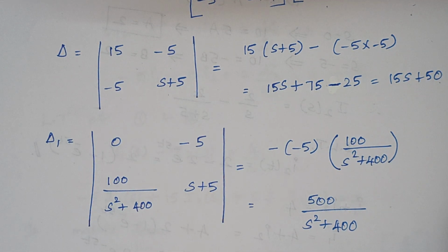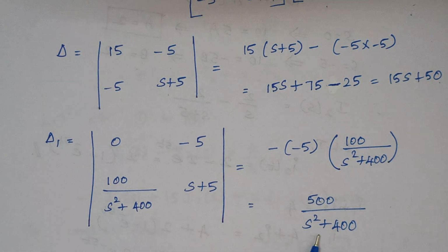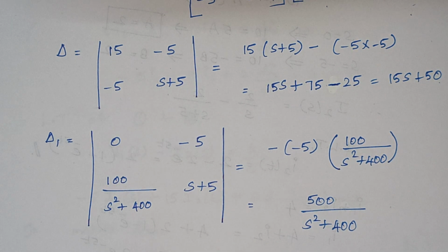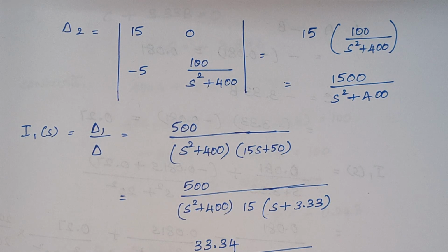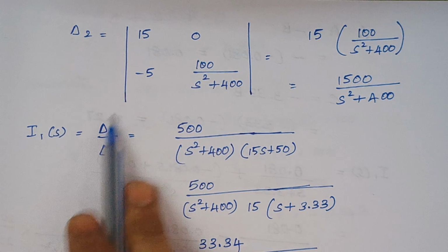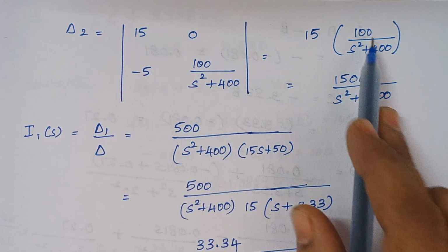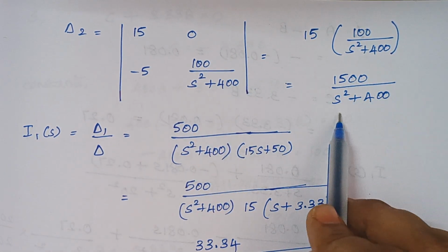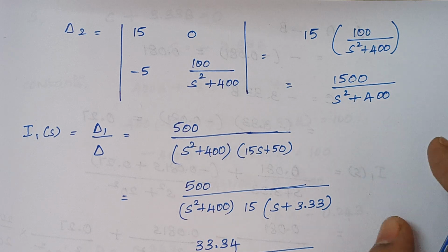So just substitute the values, and here the value of del 1 is 500 by S square plus 400, right? In the same way, calculate the value of del 2, that is replace the second column by the respective source values, and here the answer is 1500 by S square plus 400, right?